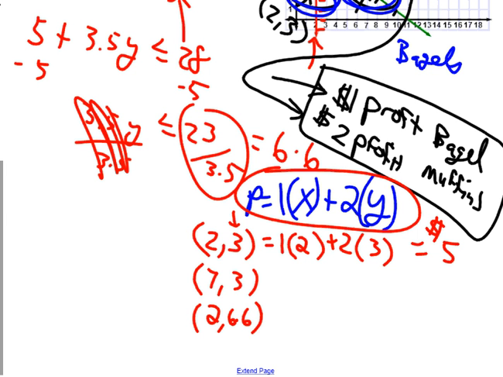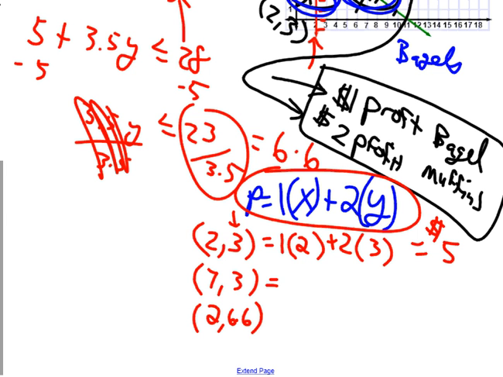Now, I know you're thinking, okay, companies can't survive on like $5 profit. Remember, this might be in millions. You know what I'm saying? And they make a lot of bagels. They don't just make 6 packs of bagels. So maybe this whole thing is in thousands per day, or maybe it's in millions.